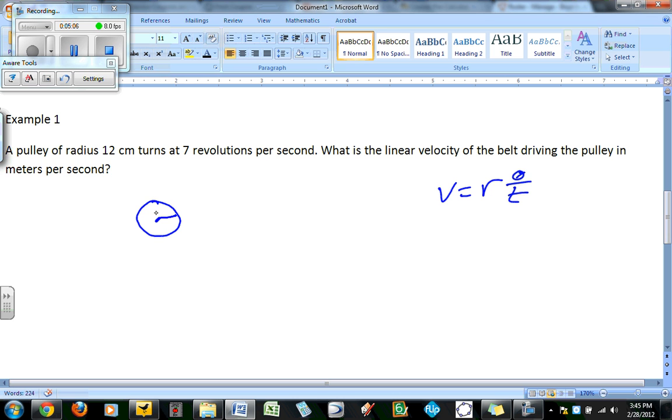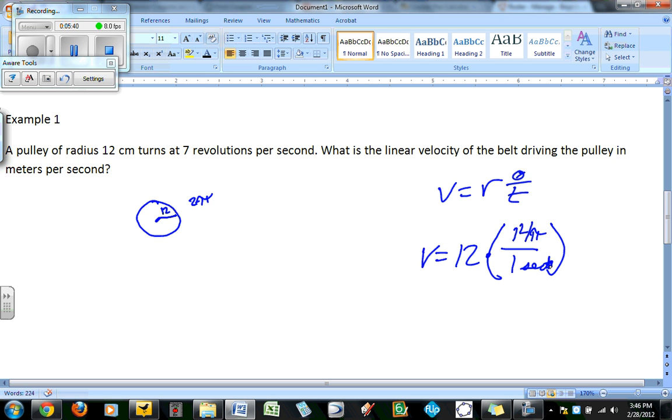This pulley has a radius of 12 centimeters, and it's making 7 revolutions per second. If we're finding its angular velocity, it's traveling around a circle, which is 2 pi, and if it's doing this 7 times in 1 second, it's going a distance of 14 pi per 1 second.